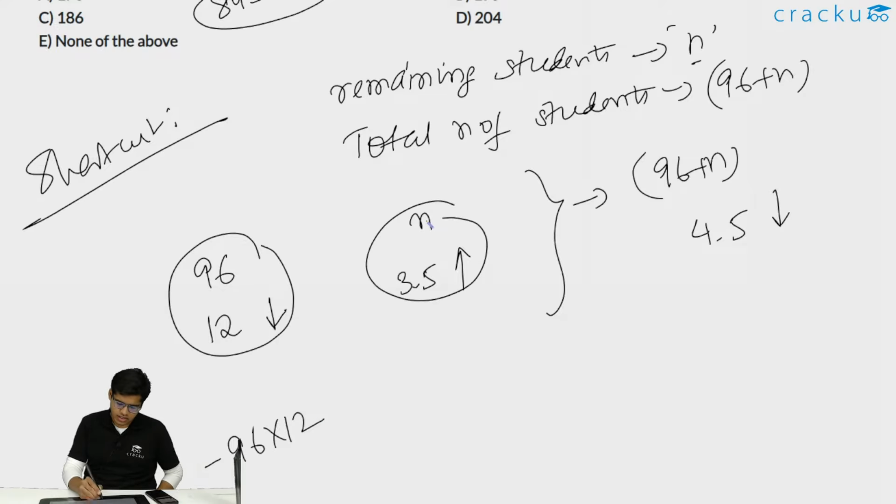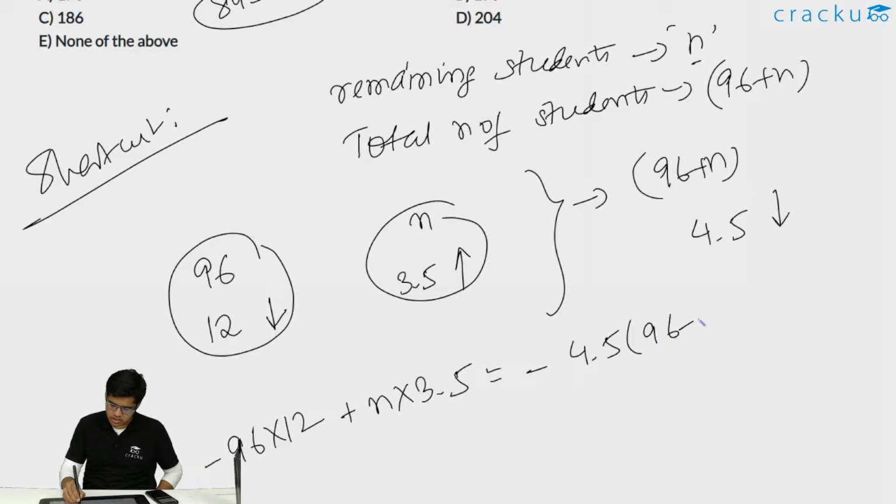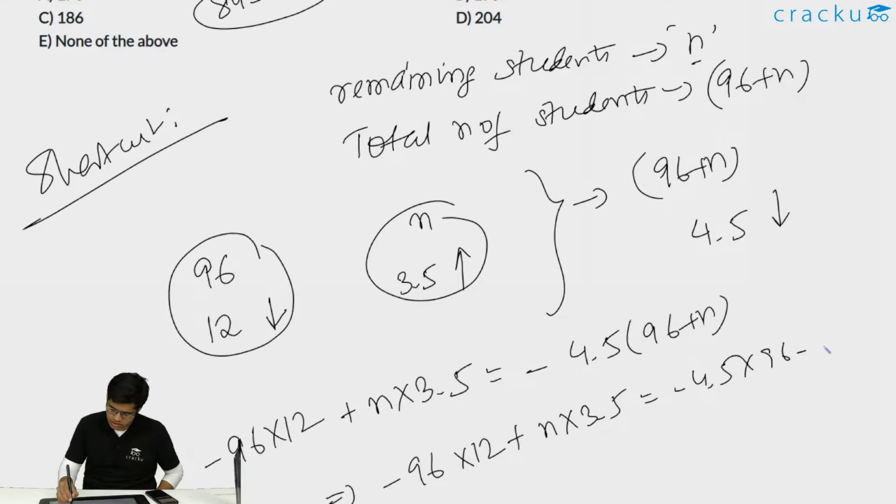Total increase here is plus n into 3.5. Here minus 4.5 into 96 plus n. Just one line equation: minus 96 into 12 plus n into 3.5 equals minus 4.5 into 96 minus 4.5n.